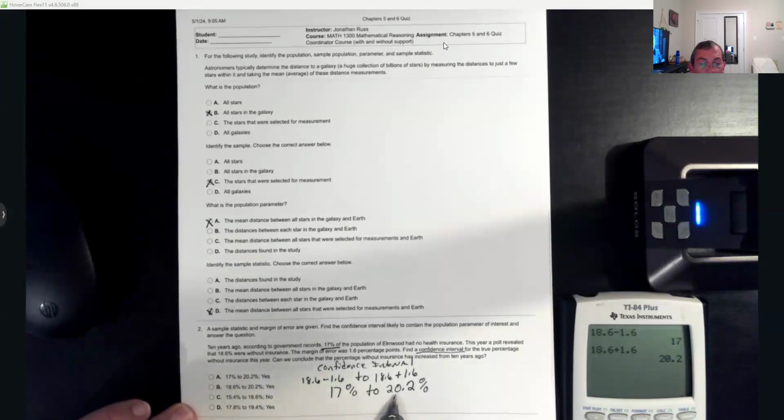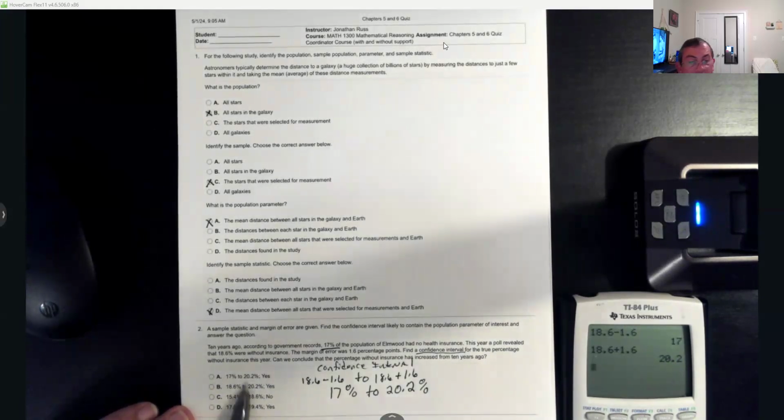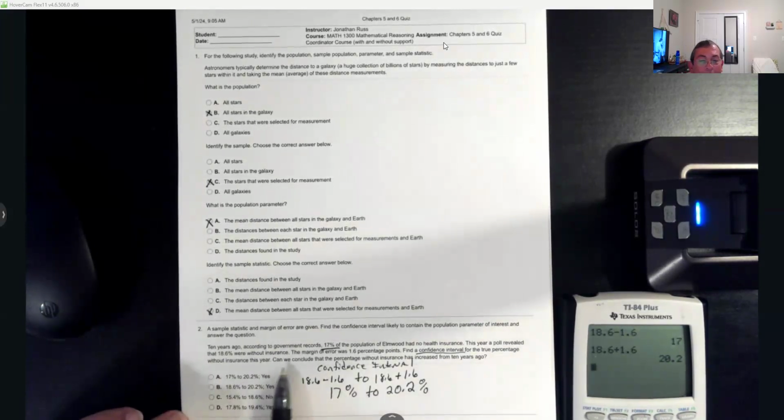So we got a confidence interval. And y'all, there's only one confidence interval that matches us because we got 17 to 20.2, so it's going to have to be A. So the question was, can we conclude that the percentage without insurance has increased from 10 years ago? 10 years ago, it was 17%. 17% is the low end of my confidence interval.